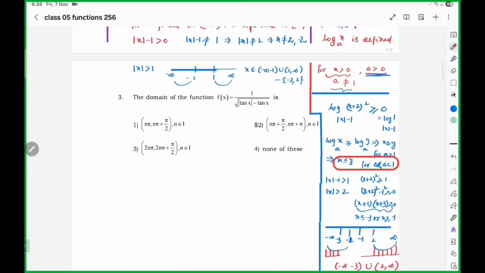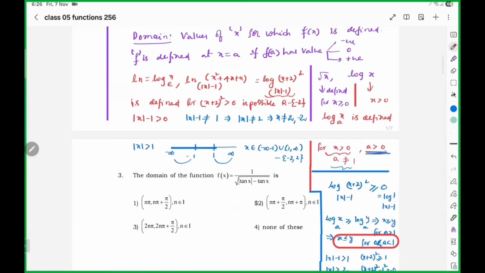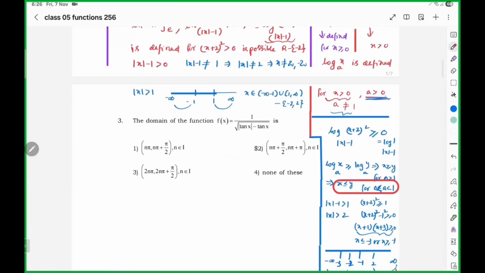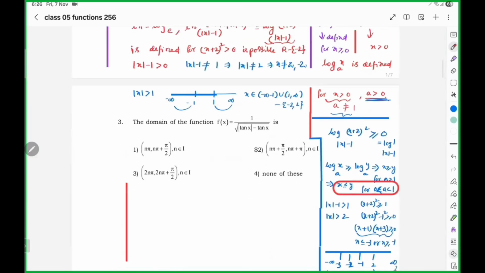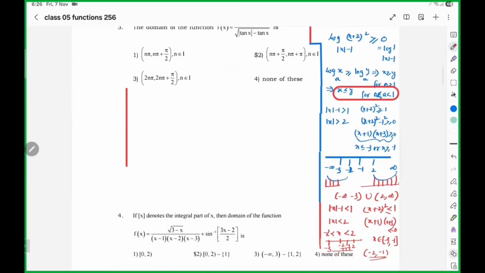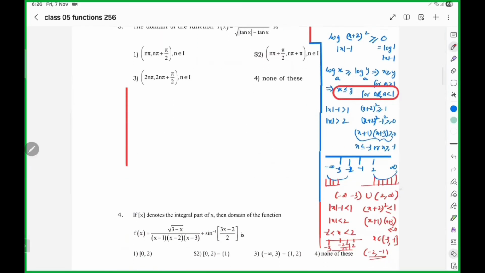So here all the values, if I take, we have one solution we got here. The second solution we got somewhere here.